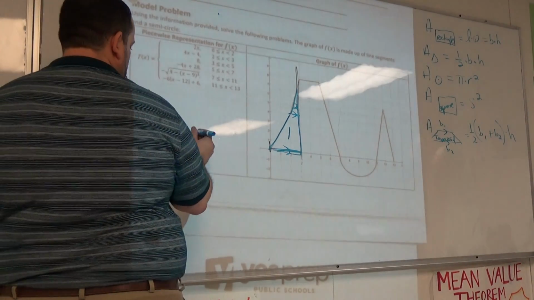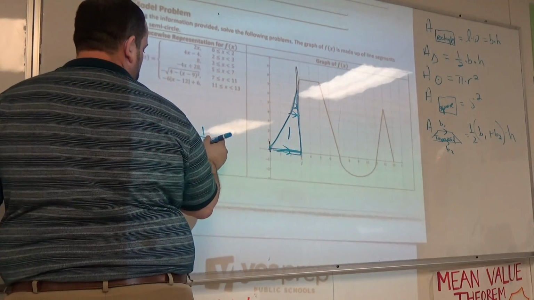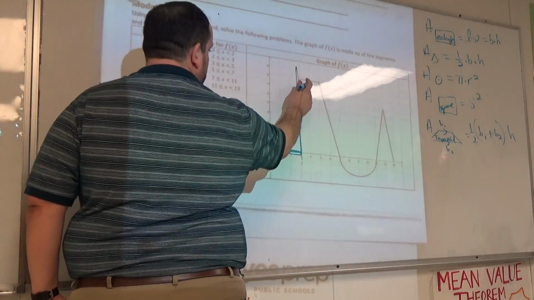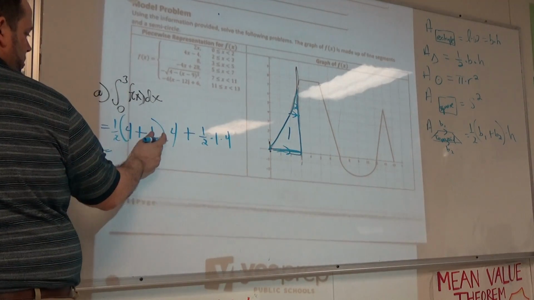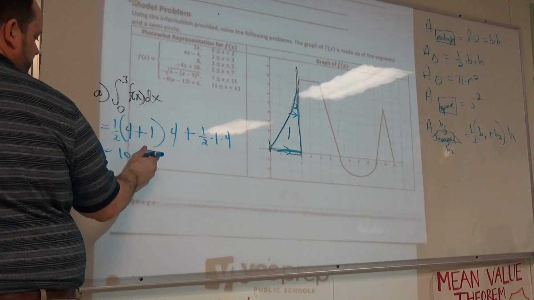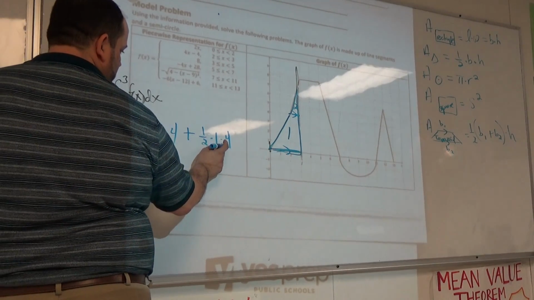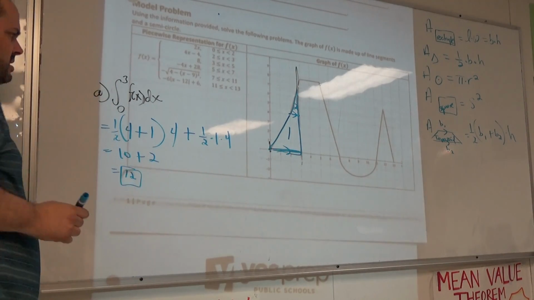Not 8. Plus this area over here is a half times the base times the height. Is that 4? 4 plus 1 is 5 times 4 is 20. Cut that in half, I get 10. Half times 1 times 4 is 2. It's gonna be like 10, right?